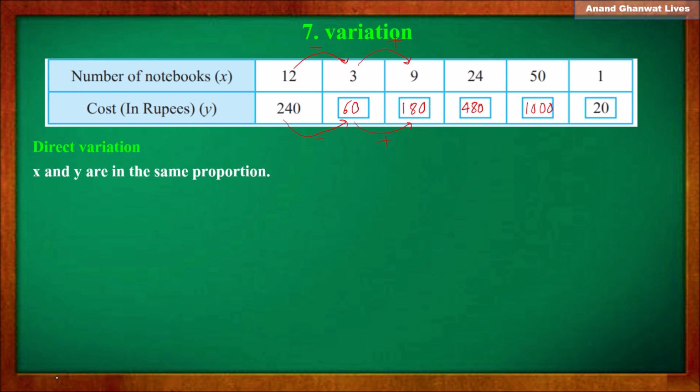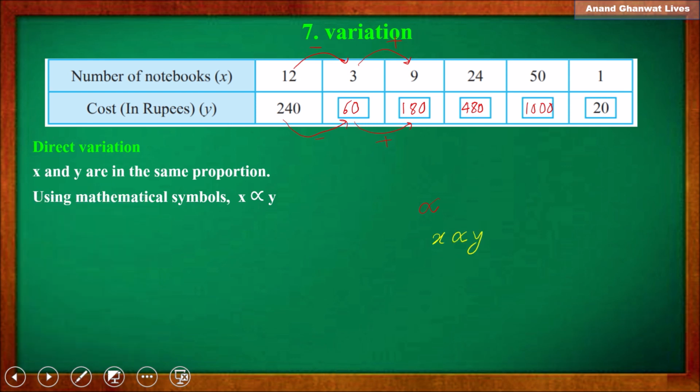So x and y are in the same proportion. When x gets doubled, y also gets doubled. The symbol alpha is used for same proportion or direct proportion. Using the mathematical symbol, you can write x is directly proportional to y.